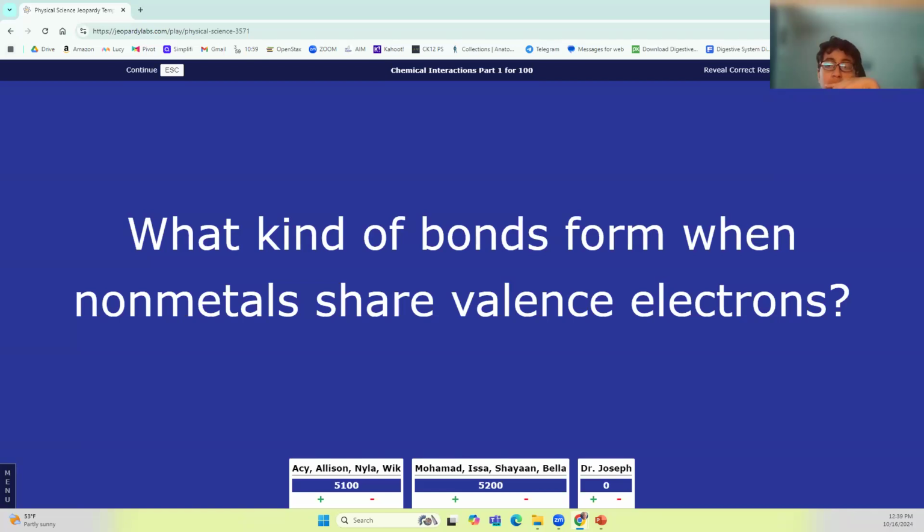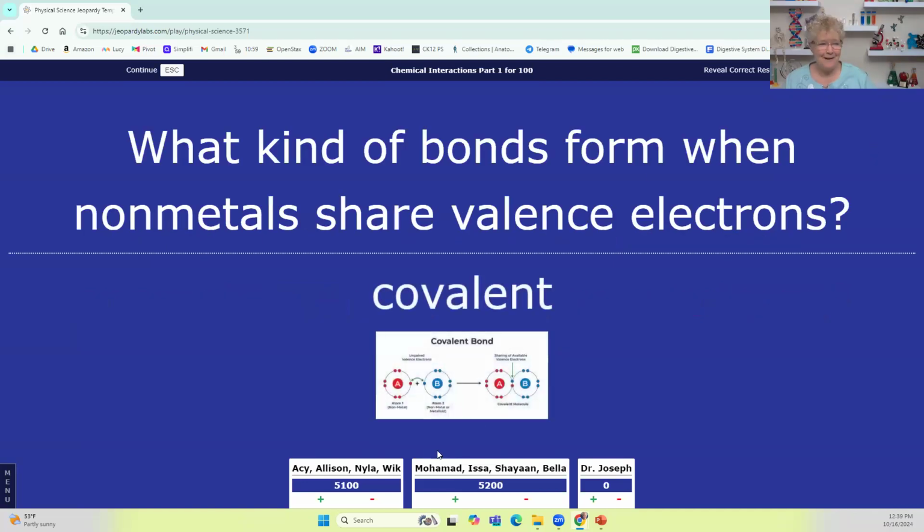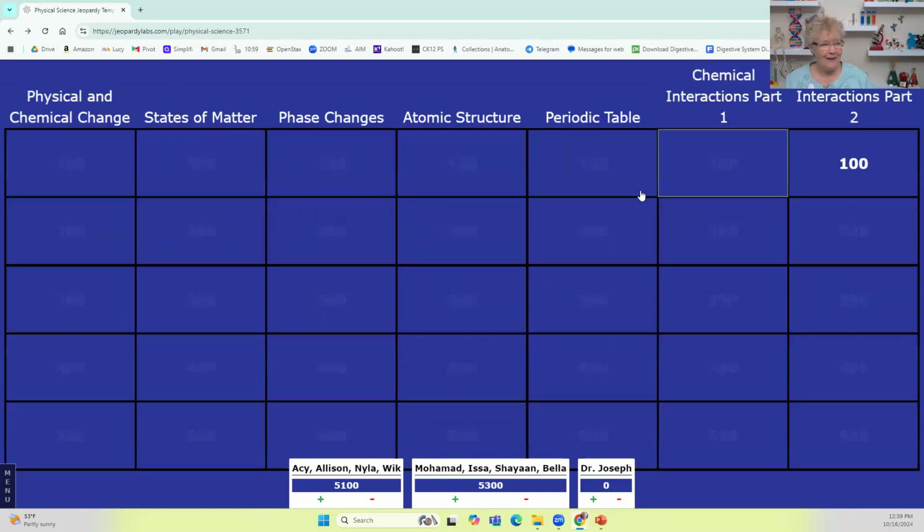Covalent bonds. Excellent job. All right, look what we did here, guys. Very, very good score. 5,100 for team 1, 5,300 for team 2. That's just about as close as you can get. It's just a matter of the choosing of the numbers. So excellent job. Team 2, Muhammad and Cheyenne, you guys each get 2 extra credit points. Let me write that down.